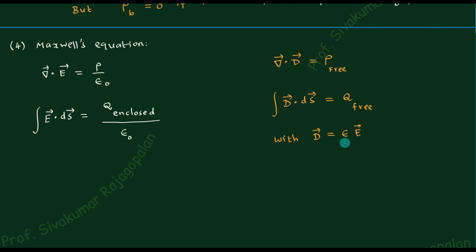This is called the constitutive relation, D equals epsilon E. This is very important. Every time you have to write carefully, because these expressions are valid only for linear dielectrics. So this emphasis has to be written down. The relation which you have written is valid only for linear homogeneous isotropic dielectric.